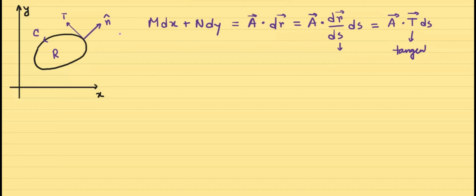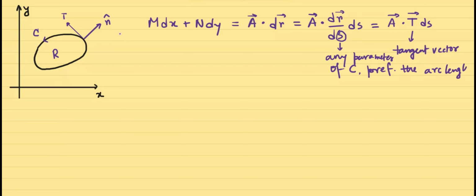So s here should be any parameter of C, but preferably the arc length, because that's an ideal parameterization which we can rally behind.